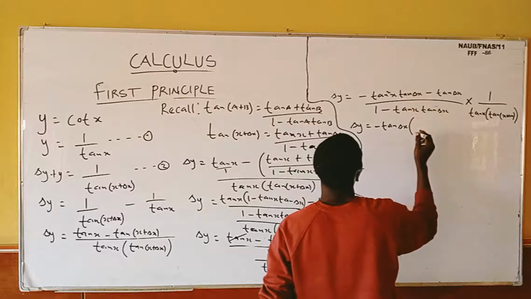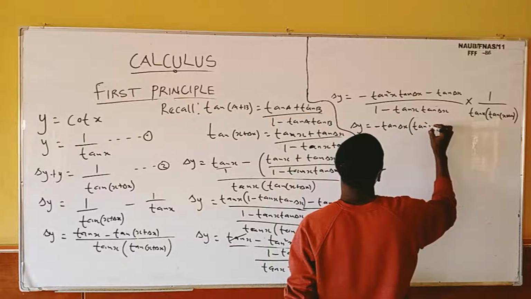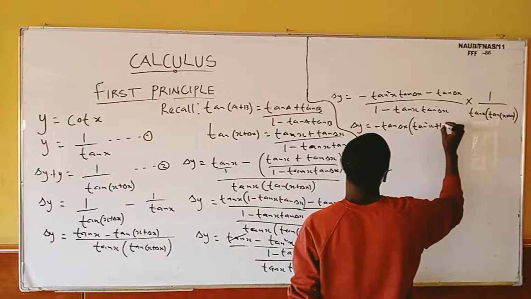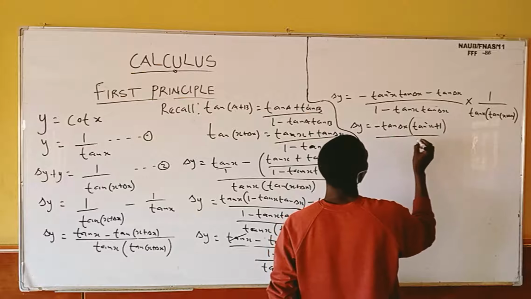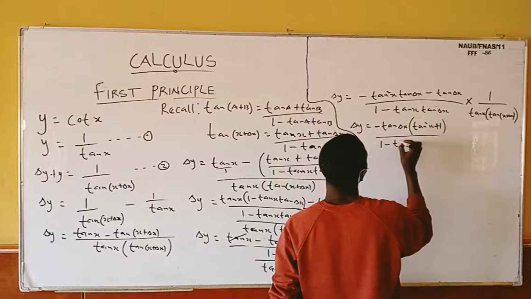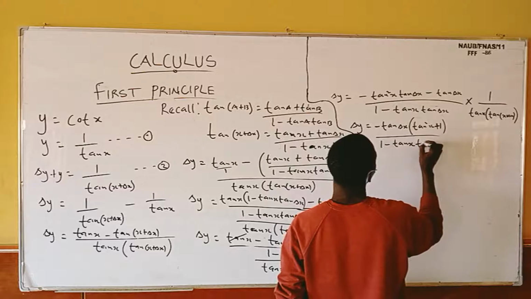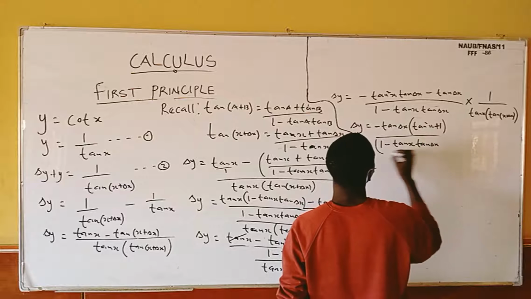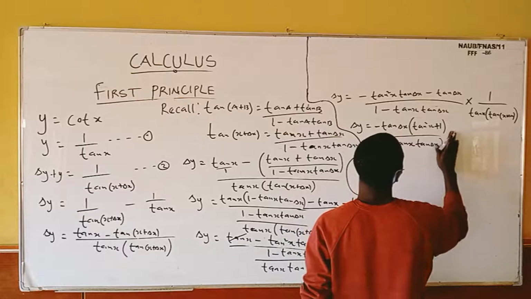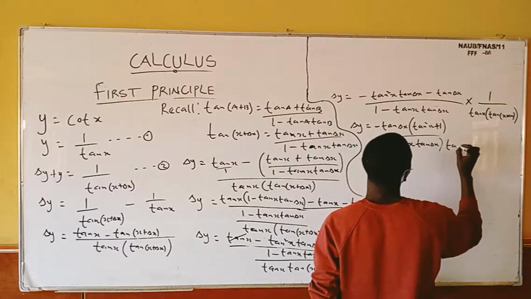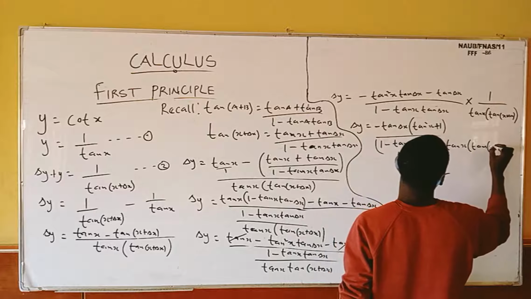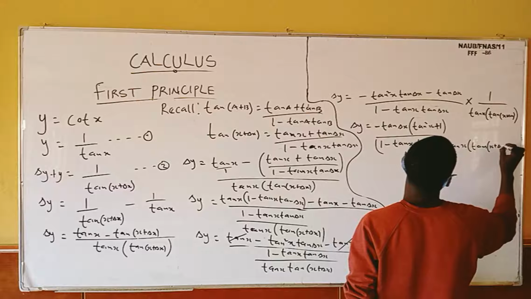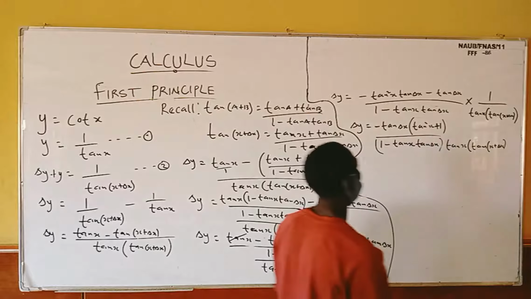I'll be left with tan square s plus 1 all over 1 minus tan s tan change in s, into tan s into tan s plus change in s. So that's it.